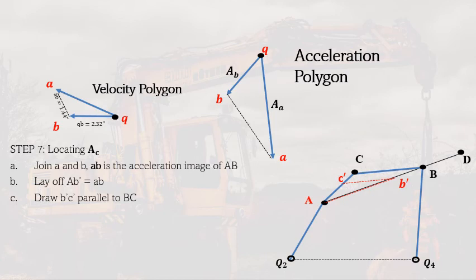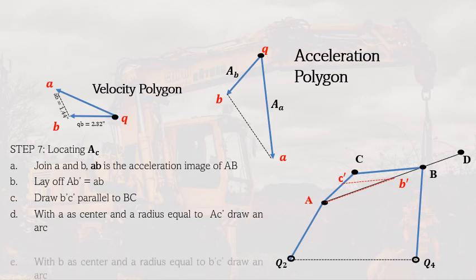Now we know already the distances of A to C prime and B prime to C prime. Then we can also copy that in the acceleration polygon. The best way to do that is to use A as the center and a radius equal to AC prime, we draw an arc.